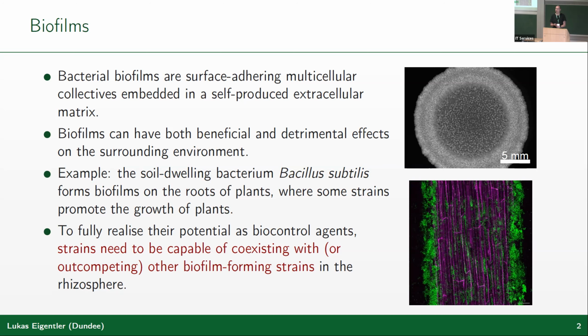What's quite important here is that some strains of Bacillus subtilis, but not all of them, can enter a symbiotic relationship with the plant, meaning that the bacteria can protect the plant from plant pathogens and also supply them with nutrients, in particular fixed nitrogen.